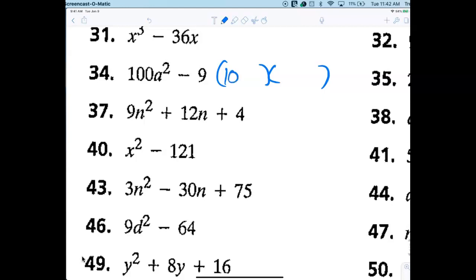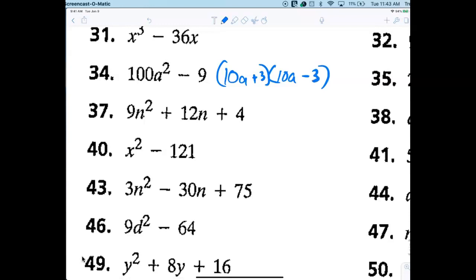I'm listening. Is not an answer. Absolutely not. Mr. Wilson, help him. What did you do, plus 3 minus 3? You are awesome. 10A plus 3 and 10A minus 3.